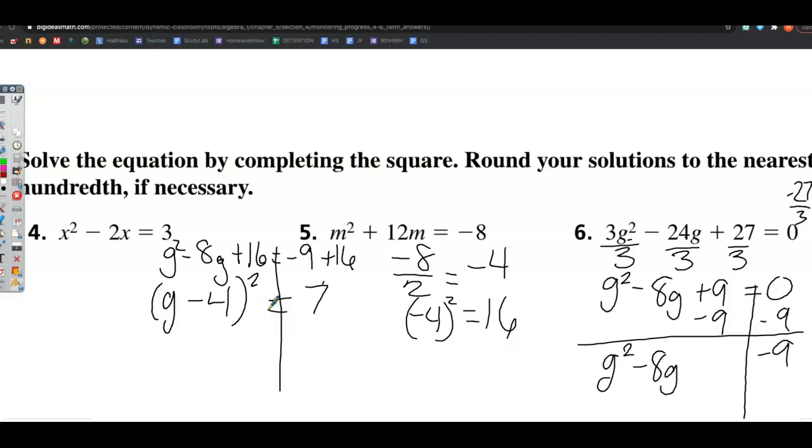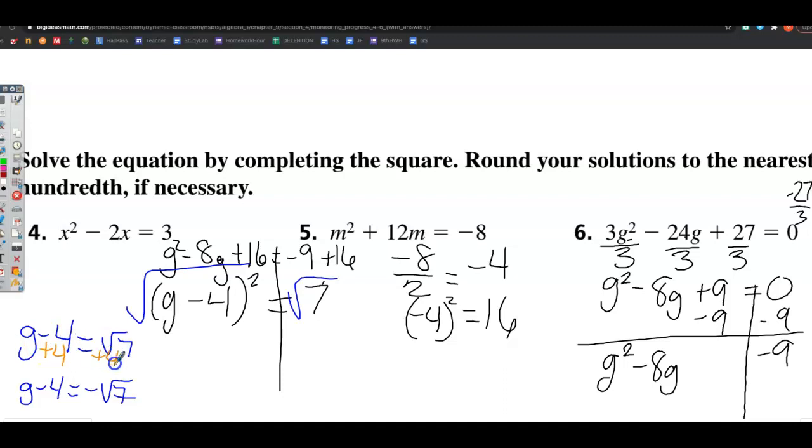So then you would square root that, and you would get g minus 4 equals the square root of 7 and g minus 4 equals negative square root of 7. Yeah, that. Okay? So then I would plus 4 and plus 4.